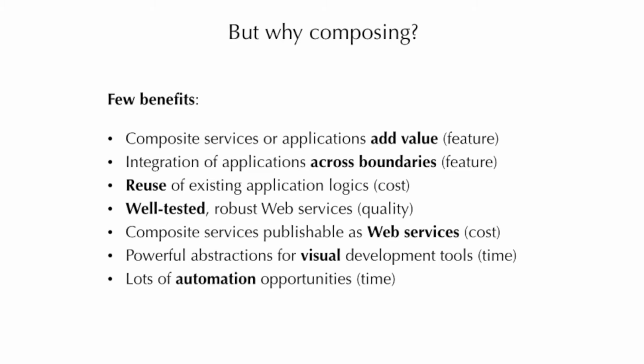But if we integrate them, we can develop a whole new service or application which provides for the management of a whole process, not only of an individual functionality provided by a service. This new process adds value to the customer, and the customer might be willing to pay for this added value.